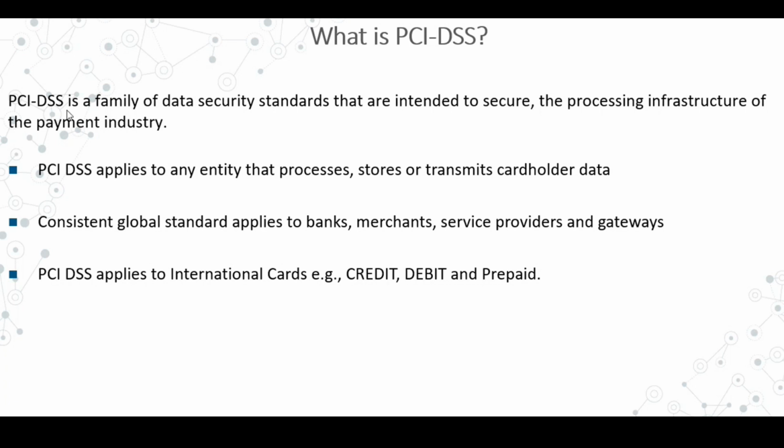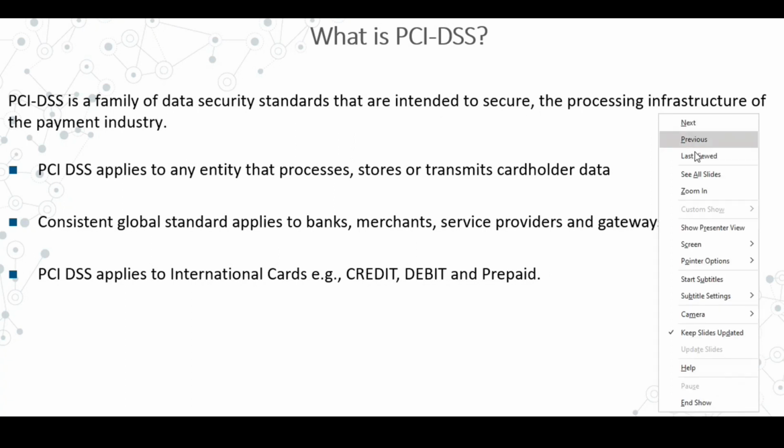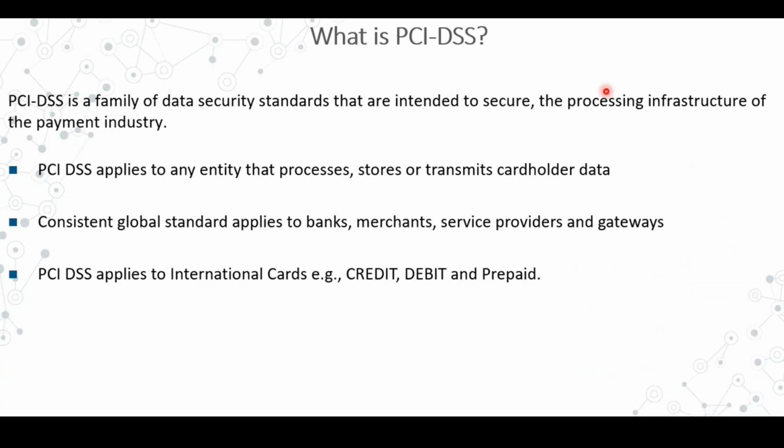So it says PCI DSS is a family of data security standards that are intended to secure the processing infrastructure. So here, if I highlight it, just you have to understand this particular part, right? Processing infrastructure.